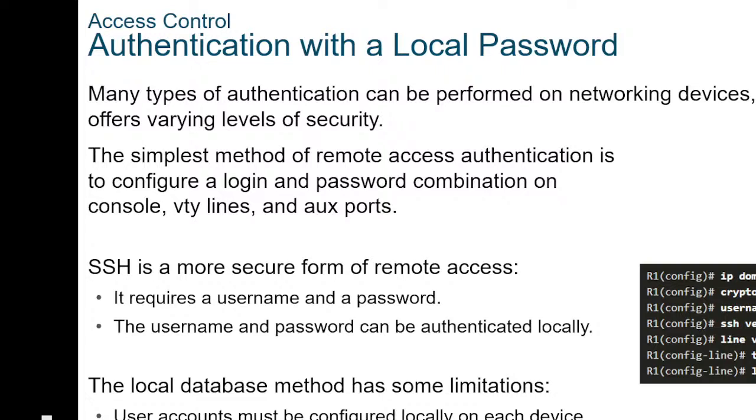So let's just say that server enforces some type of policy for me to change my password, and so I go change my password, but there is no script that actually goes out and updates the switch configuration.